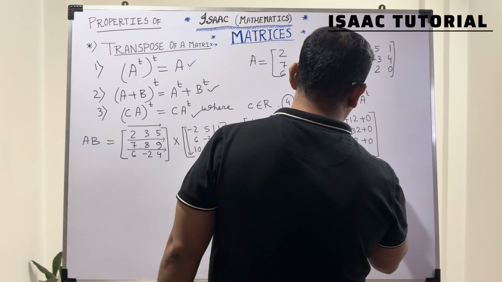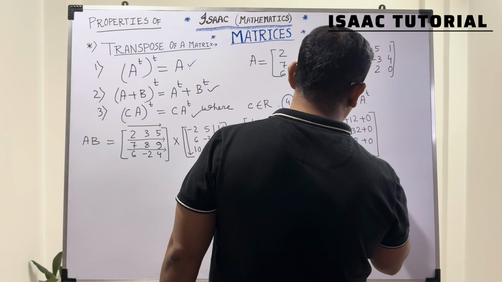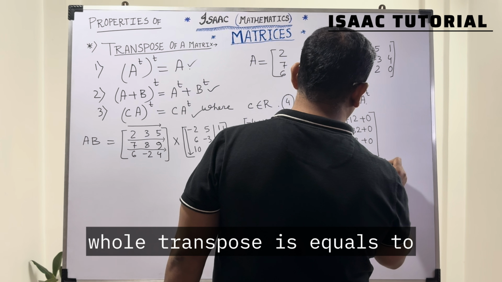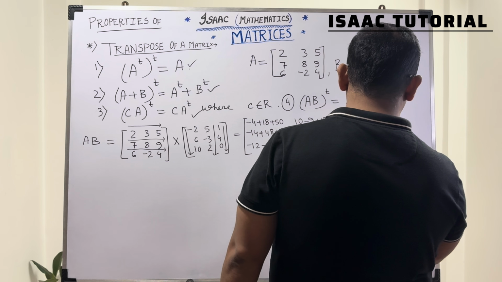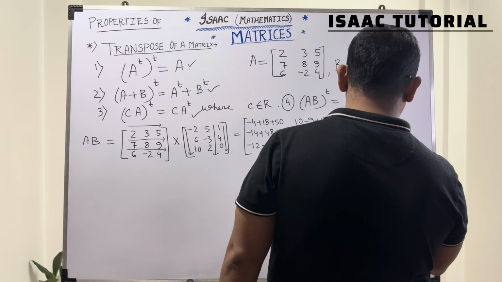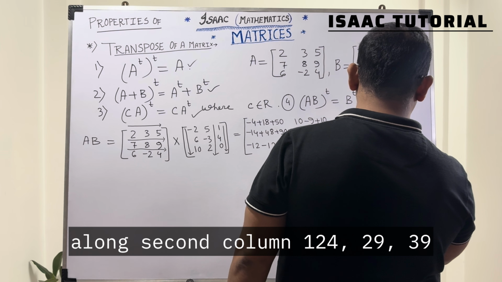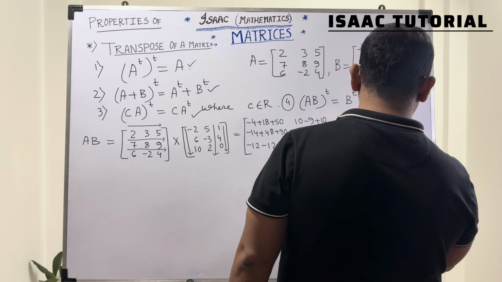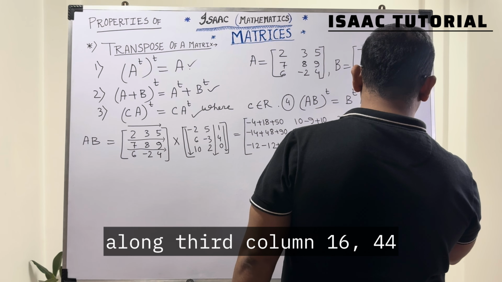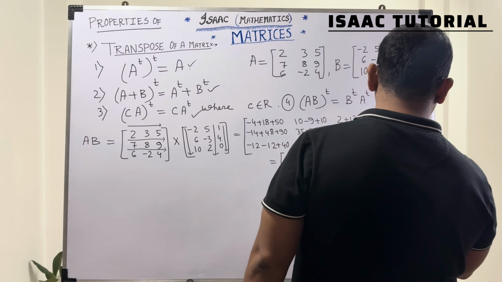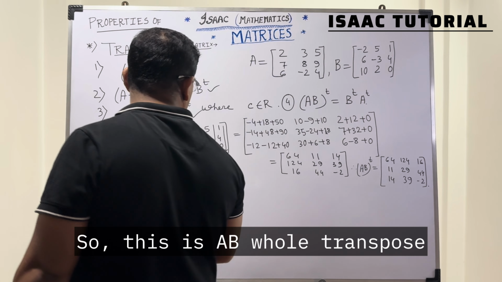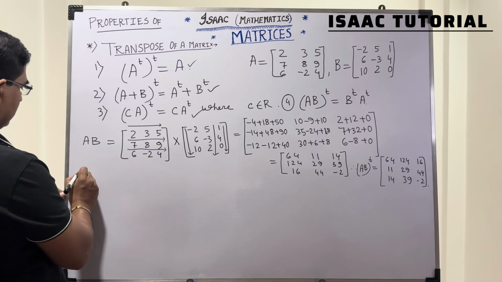Therefore, AB whole transpose is equals to, along first column 64, 11, 14, along second column 124, 29, 39, along third column 16, 44, minus 2. Okay, so this is AB whole transpose.